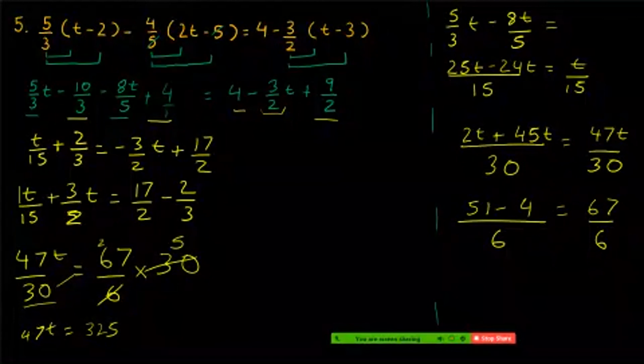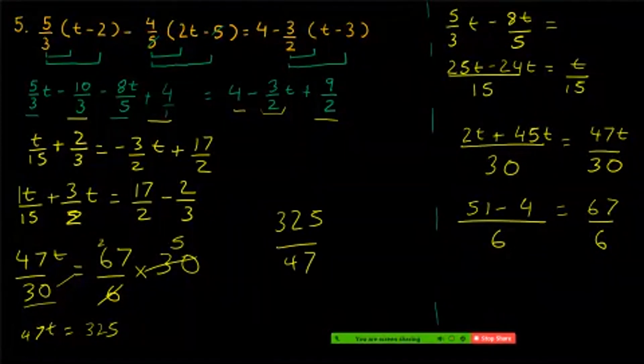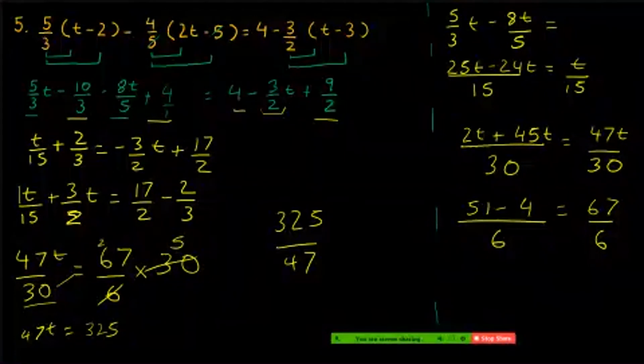And then that makes it 325 upon 47, which is equal to t.